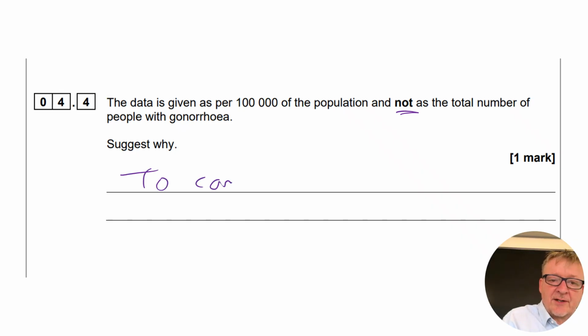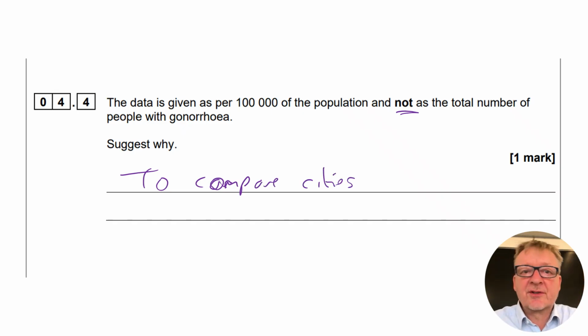So the whole idea of this is to compare cities. You couldn't do London, could you? London has a population of however many million, and then compare it to, I don't know, Blackburn or something like that. This might only have 100,000 people. I don't know how many people are in Blackburn. So the numbers are obviously going to be less.